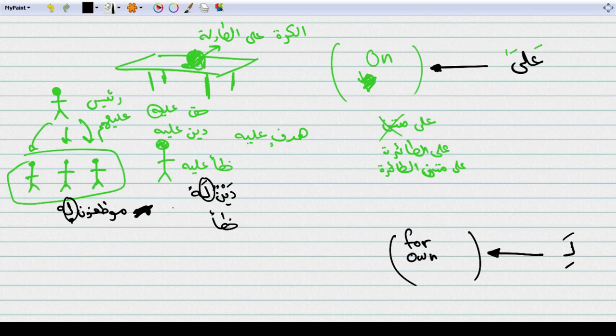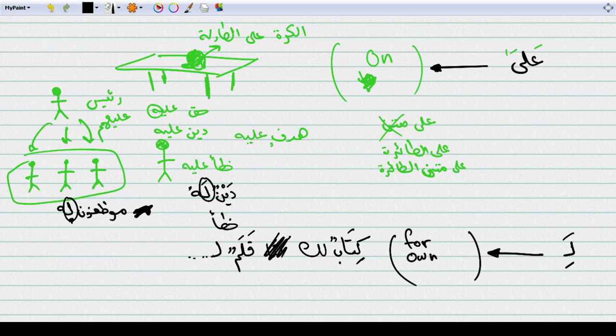For example, like in the previous lesson when we said kitabun laka, a book for you, or let's say another word, qalamun, which means a pen or a pencil, li, and you can put any name here.